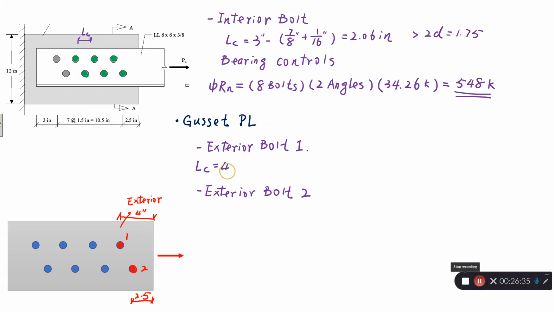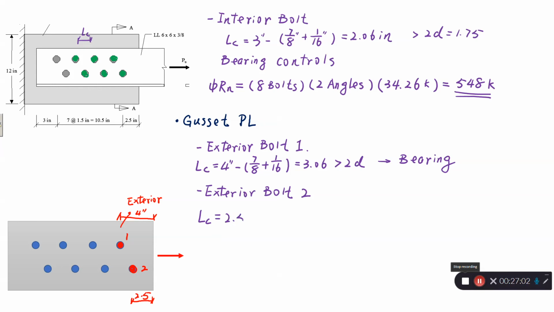So 4 inches minus 7/8 plus 1/16, and is equal to 3.06, right? So it's greater than 2d, so it's going to be bearing. It's going to be a little different for exterior bolt 2 because it's so much closer to the edge.